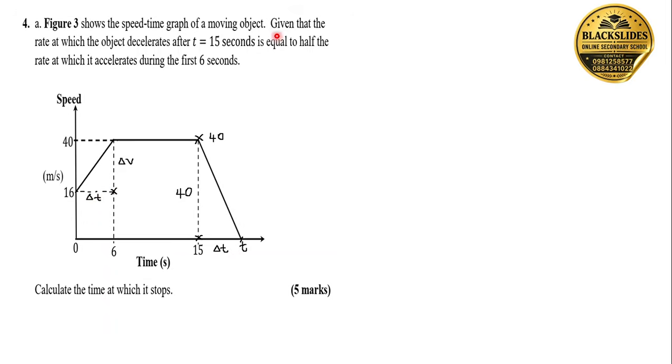So once again, given that the rate at which the object decelerates, that's 40 divided by t minus 15, is equal to half of 40 minus 16 divided by 6. So this part here represents deceleration, whereas this part here represents half of acceleration in the first 6 seconds.